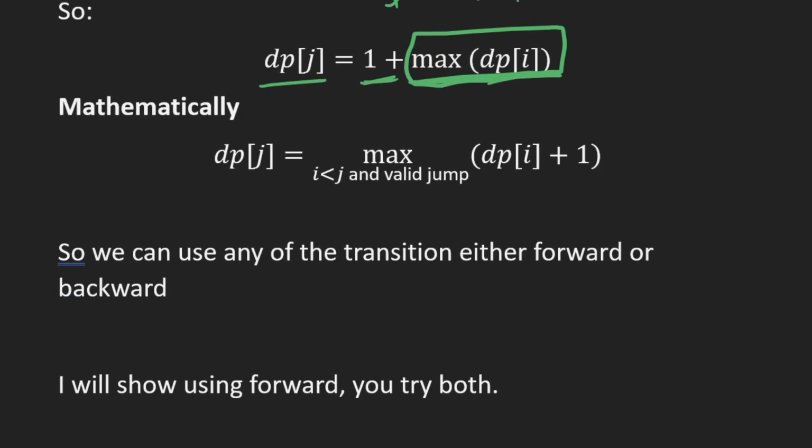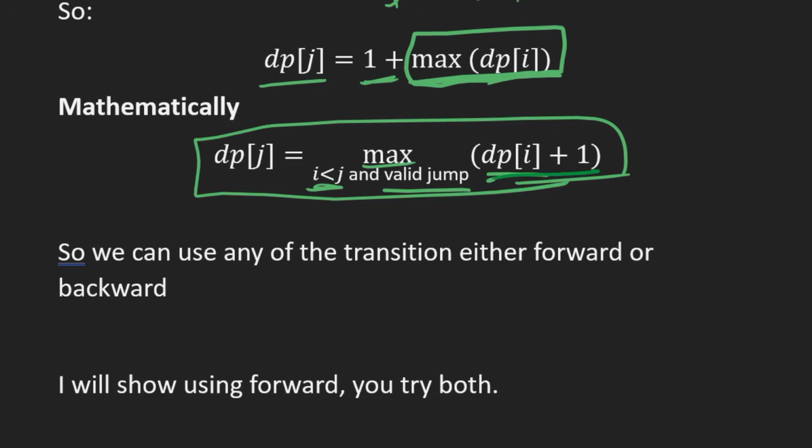Mathematically, it is the maximum among all the indexes i lesser than j where there is a valid jump, of dp of i plus 1. Whichever index i gives us this maximum, we take that value and store it in dp of j. So here we have seen both forward transition and backward transition.